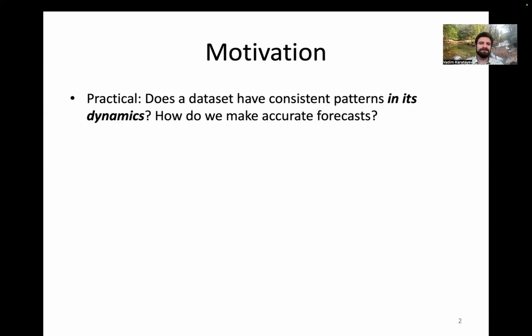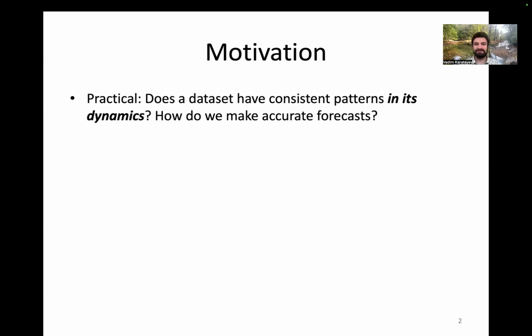But what's kind of missing is a really easy to use tool. I think empirical dynamic models are a great candidate, where we can just look at a time series and ask, are there consistent patterns in its dynamics? Not just patterns in what systems look like, but patterns in how they change.